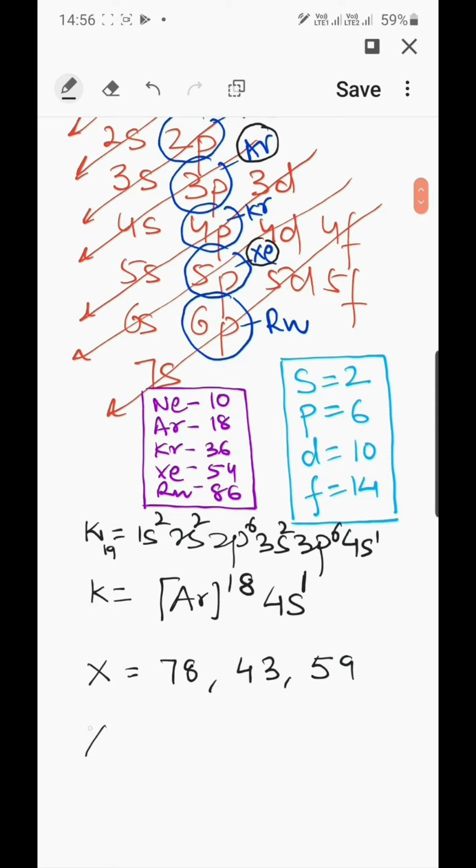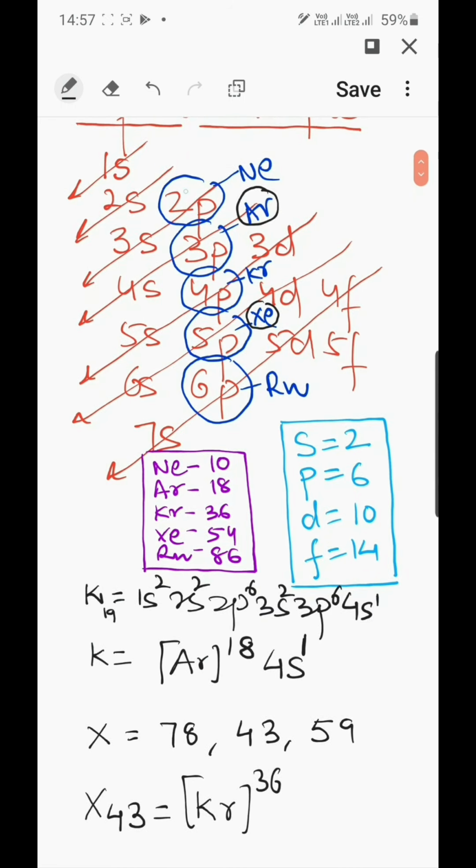For example, the element having atomic number 43. You have to select the noble gas whose atomic number is less than 43. That is krypton, krypton 36. The position of krypton is 4p. Up to 4p, it is krypton. After 4p, this is 5s.